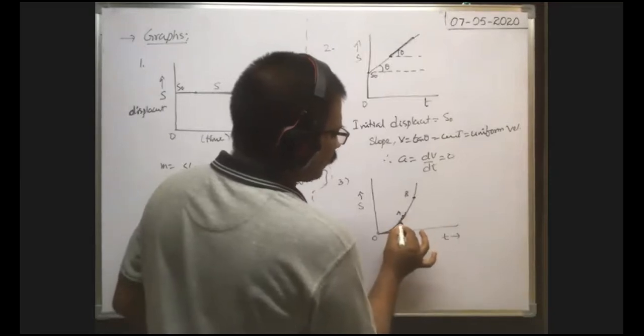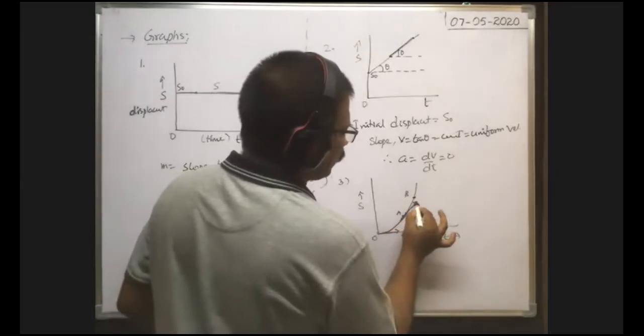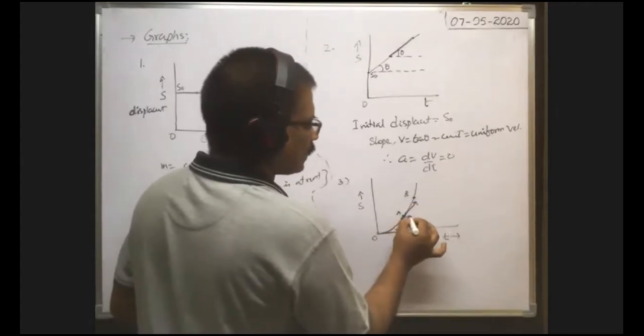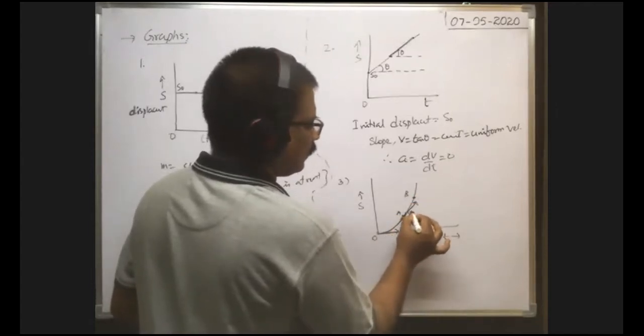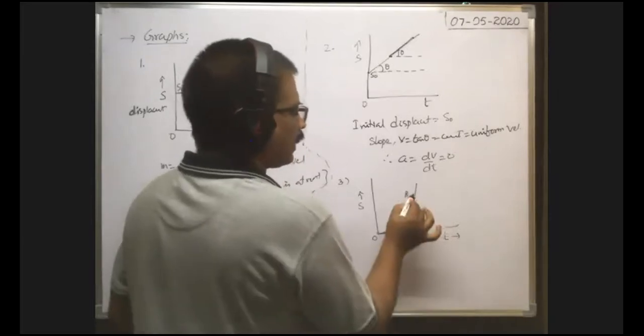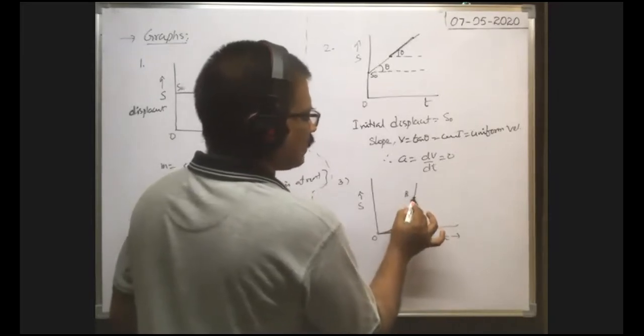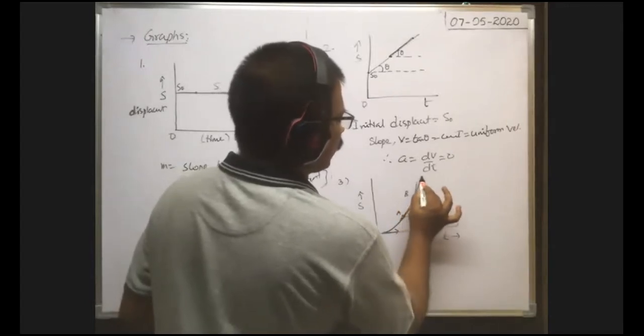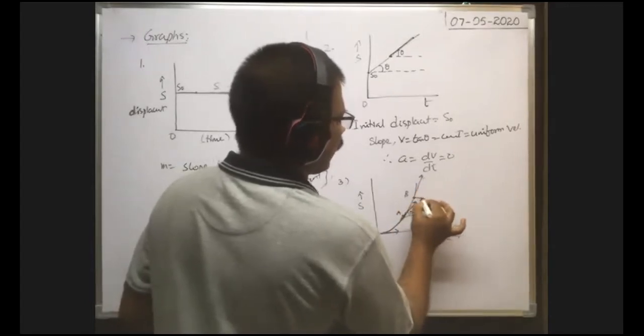The angle made by this tangent with the horizontal axis or x-axis is theta 1, say. At this point B, you draw a tangent to this curve. The angle made by this tangent with the horizontal axis is theta 2, say.